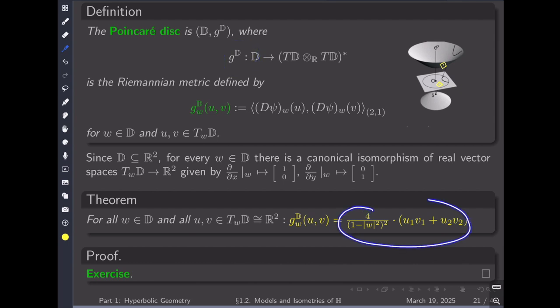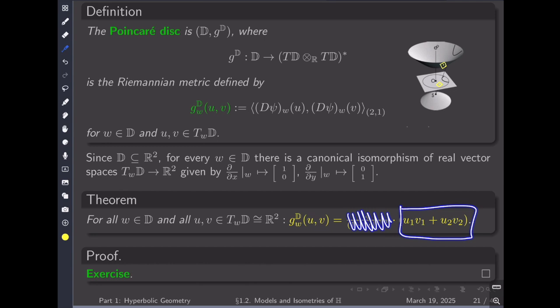Although I can still see that, interpreting it directly, at each point of D at which I anchor, the dot product between two tangent vectors is some scalar multiple of the usual dot product. So it's not so bad.